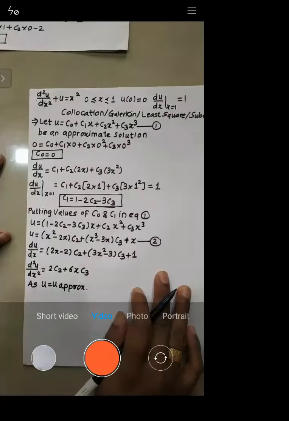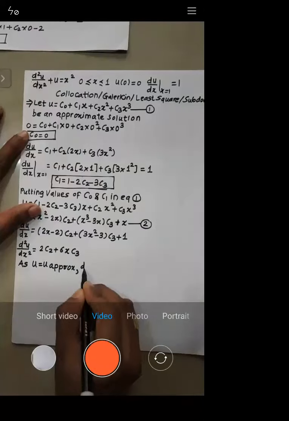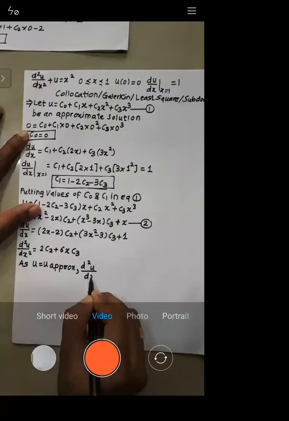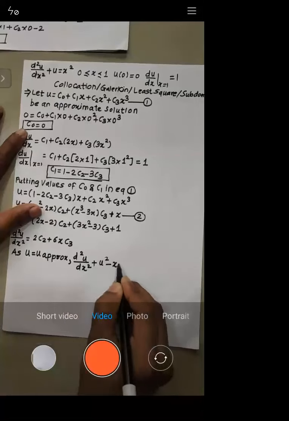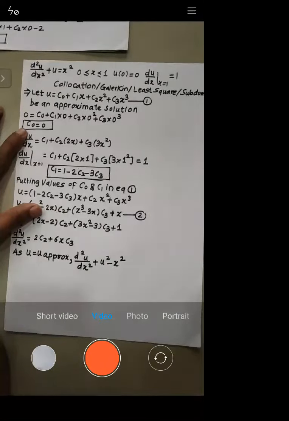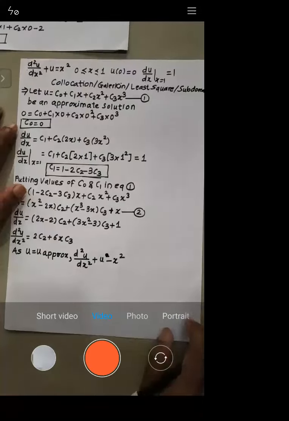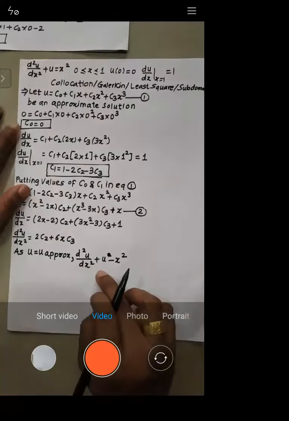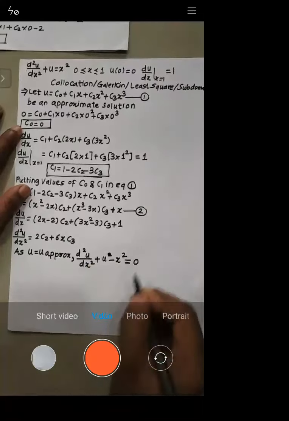When you bring this x square to the left hand side, d square u by dx square plus u minus x square should be equal to 0, yes or no?